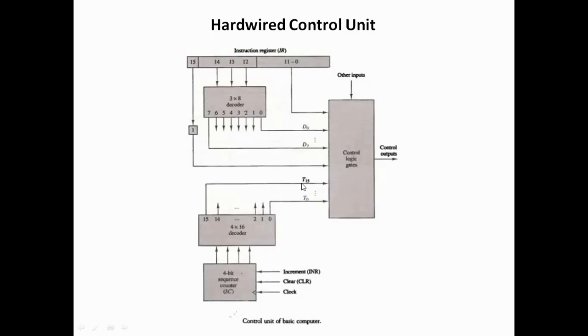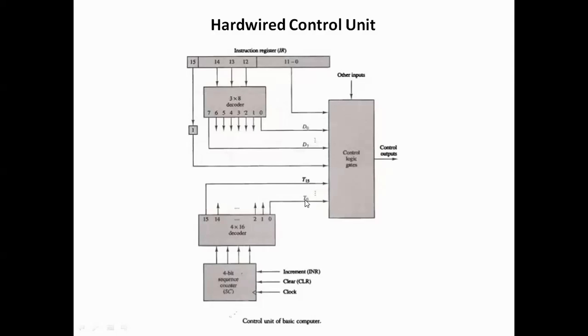So this will be reset. So again, after T15 we will reach T0. So by this simple circuitry, we can control these timing signals going from T0, and we may put an upper limit of T15 here.